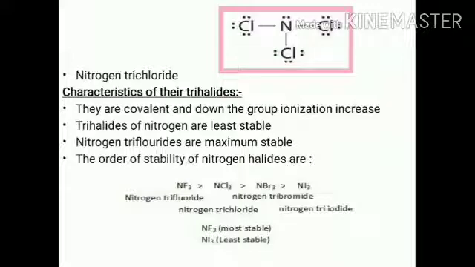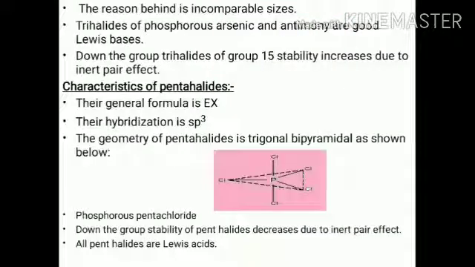The order of stability of the nitrogen halides is NF3, NCl3, NBr3, NI3; stability decreases as we move from top to bottom, because NF3 is small in size and has a high attraction force between the valence electrons and the nucleus. So NF3 is the most stable. The reason behind this is the size.